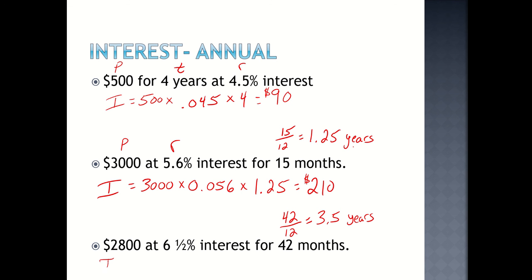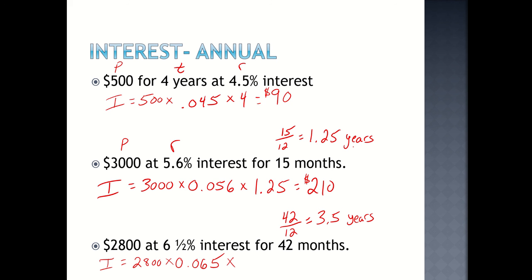So interest equals principal, 2,800, times 6.5%, that is 0.065. Double check me, move that decimal 2 spots to the right. Boom, boom, 6.5%, right?